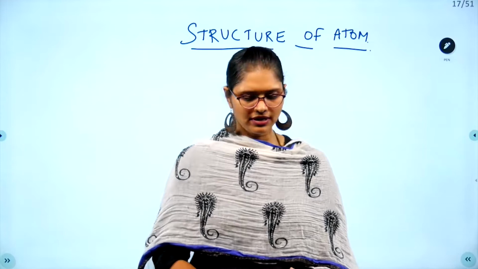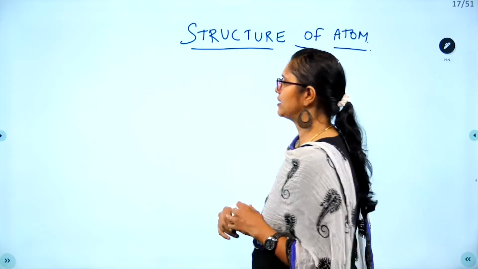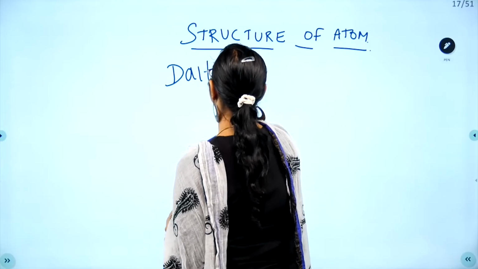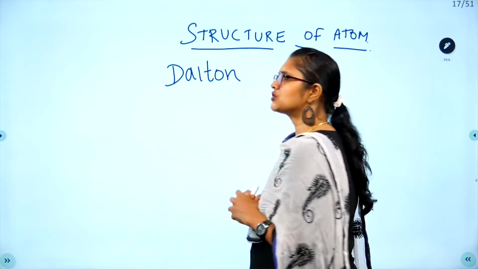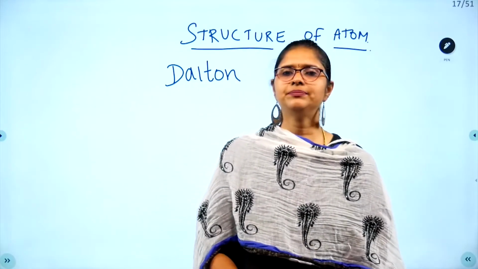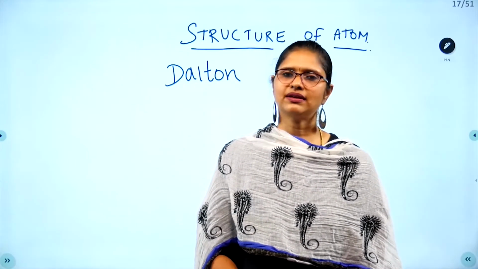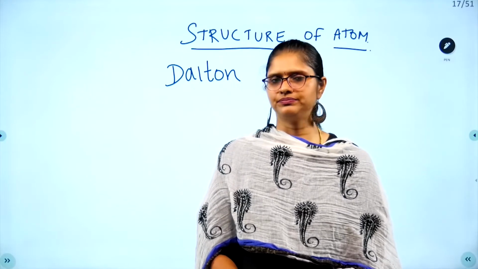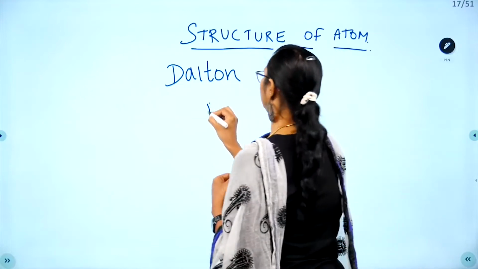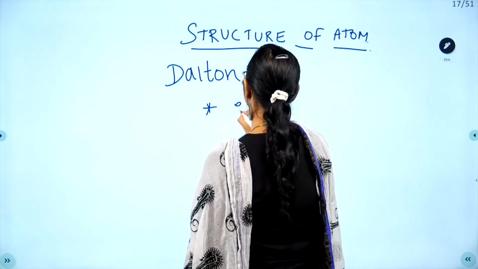The first scientist I am going to explain about is John Dalton. Dalton explains that the atom is the smallest particle and it cannot be divided.